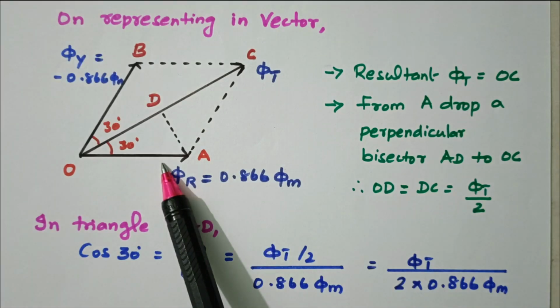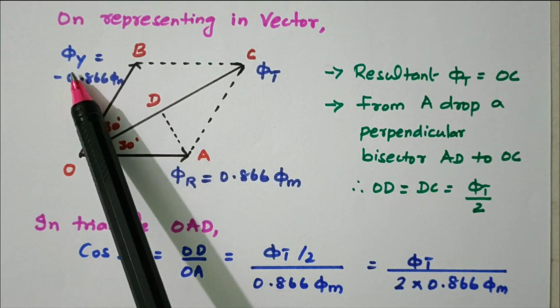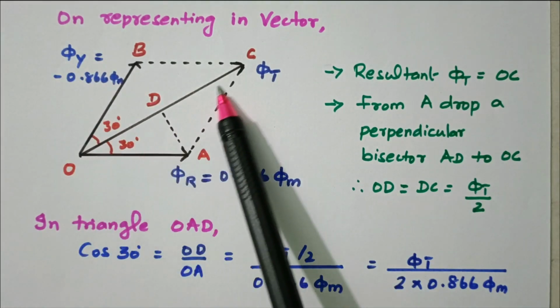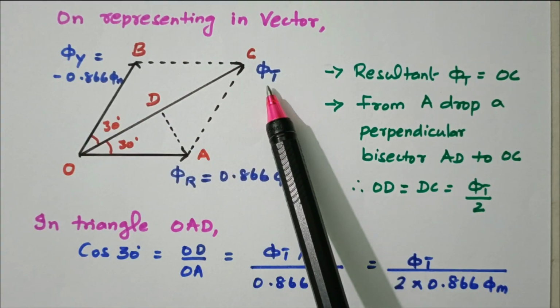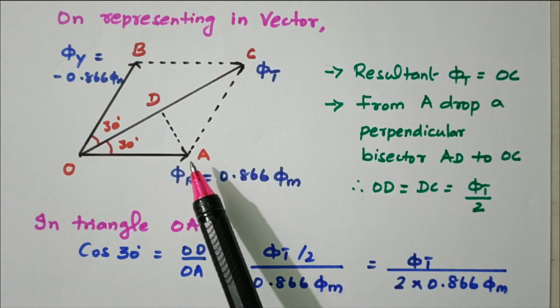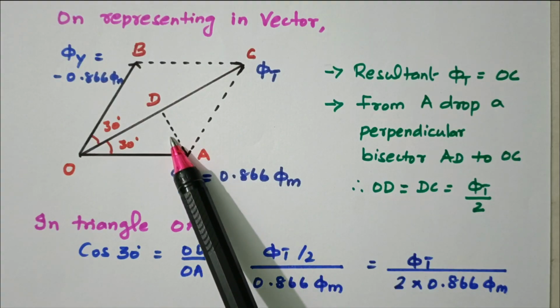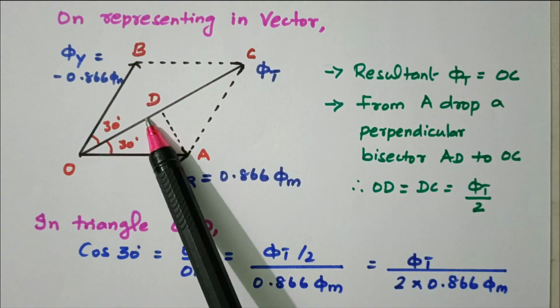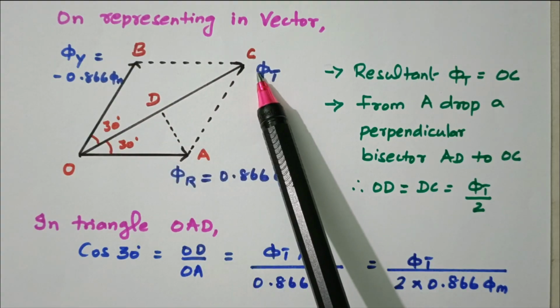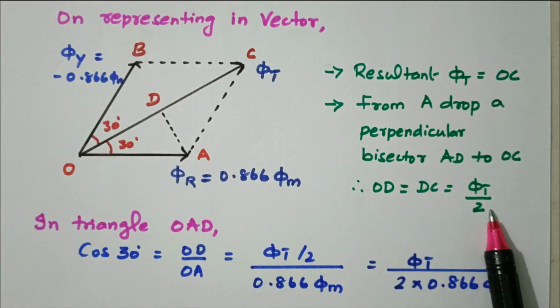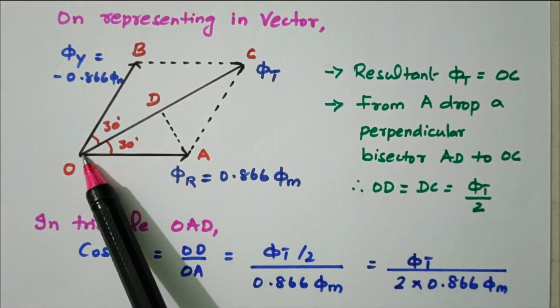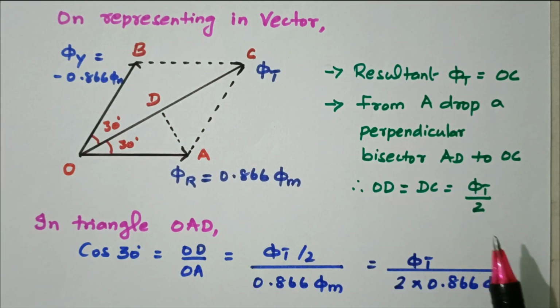OA is φr positive, OB is negative φy, OC is the resultant flux φt. Similarly here also we are dropping a perpendicular line, a bisector, OD equals DC, that is equal to φt by 2, very similar to the previous case.